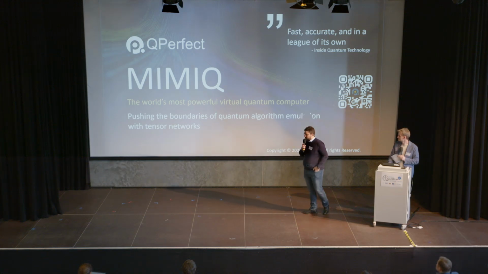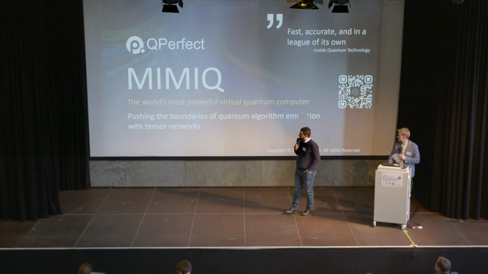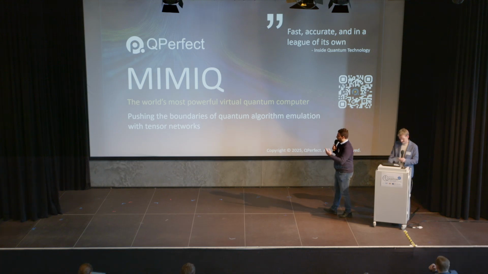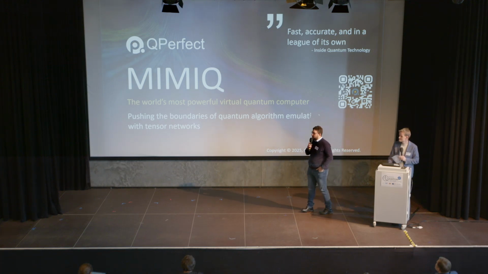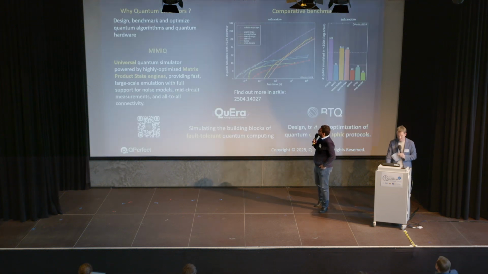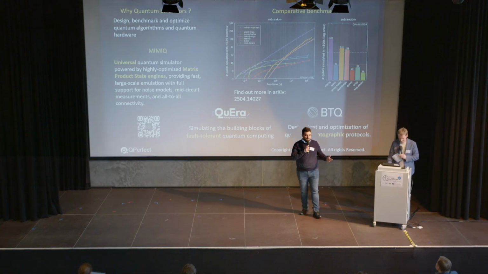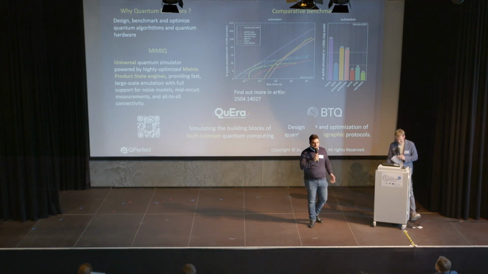It's MIMIQ. It's a product of our company. It's a framework for emulation of quantum circuits, and is what we use at QPerfect for pushing the boundaries of quantum algorithm emulation with tensor networks. This morning we had an introduction on why quantum emulators are important.